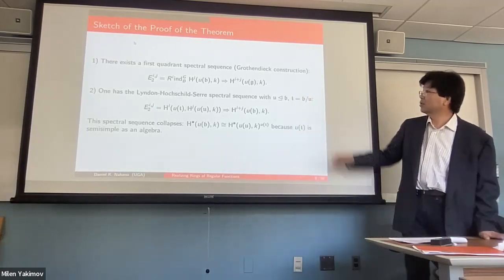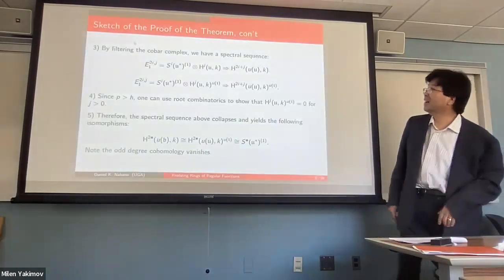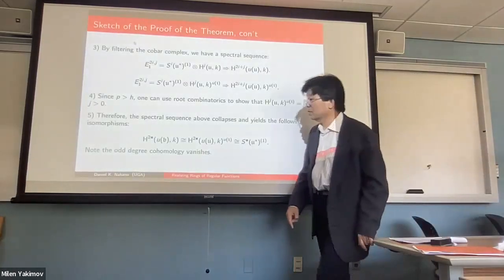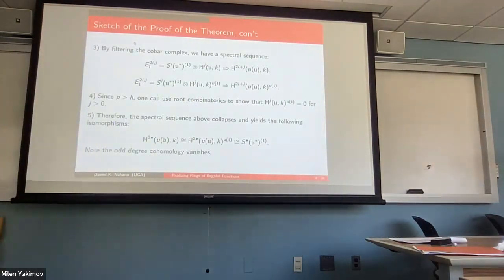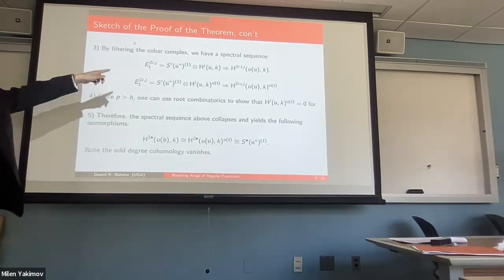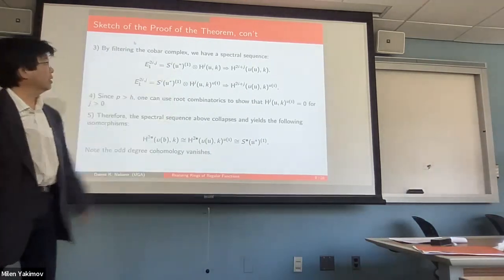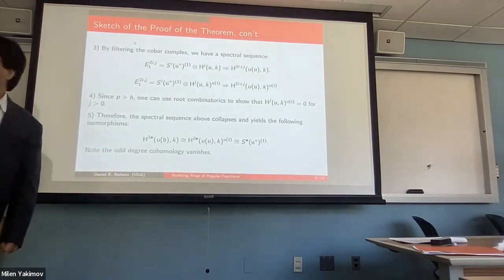Okay. All right. So 2 spectral sequences, 1 collapses. Now, this spectral sequence is kind of important. What you can do is filter the cobar complex for the dual of the Lie algebra, or the dual of u of mu up here. And then this spectral sequence you can regrade to make it first quadrant. Now, this is what's called a May spectral sequence.